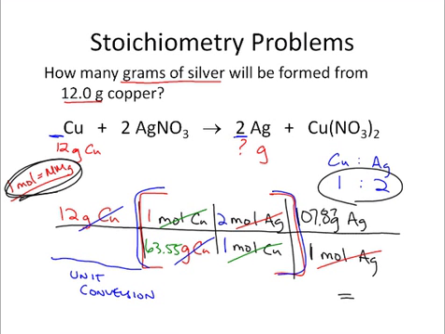So that's going to be 12 times 1 times 2 times 107.87. And then you're going to divide that by everything in the denominator, which happens to be 63.55, 1, and 1. And the correct value that you should get out of that is 40.74 grams of silver.